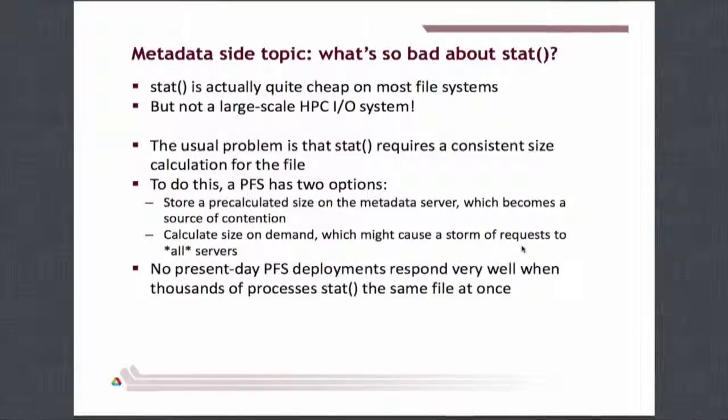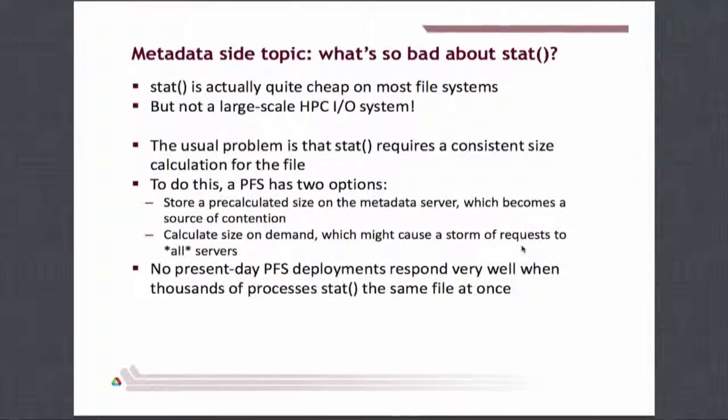There's different ways to do this depending on your file system. One way is to have the file system keep a running tally of how big a given file is. That's inevitably going to be stored on one server. So if you have 40,000 processes that all call stat at once, it's going to go to one server, retrieve that little bit of information, and bring it back over the network. So you're going to have a bottleneck for that stat. The other option is that a file system can elect to not track the size at all until you ask for it, which makes a certain amount of sense.